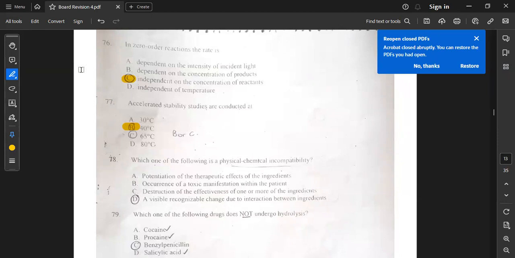Thank you for the addition. So accelerated stability studies are conducted at 40 degrees Celsius at 75% relative humidity for a period of 6 months.